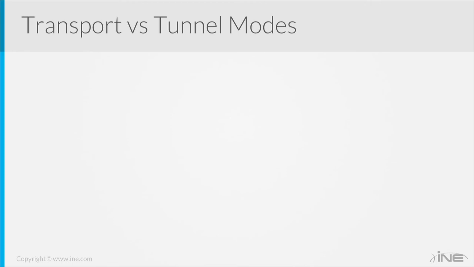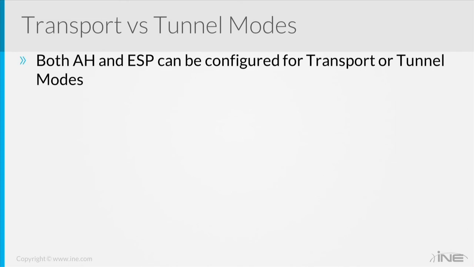Last section of this video, tunnel versus transport modes. Now, when you choose authentication header or encryption, an additional thing you'll have to select in your configuration is whether you want each one of those protocols to use transport mode or tunnel mode. So you're going to have to choose one over the other. Now, what's the difference between those? The main difference is this.